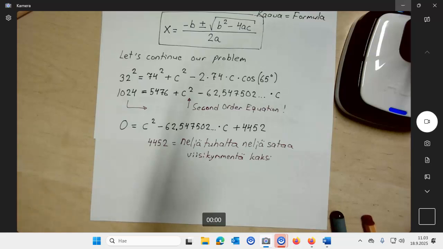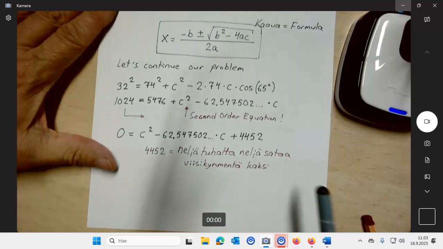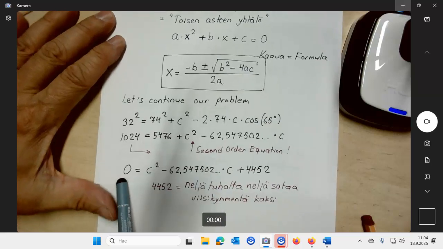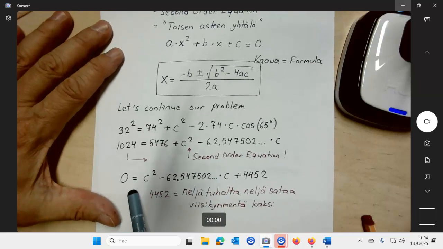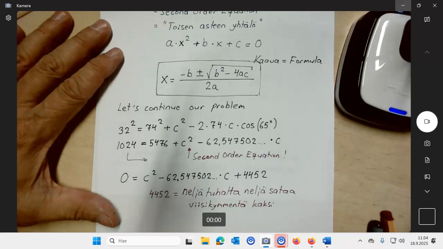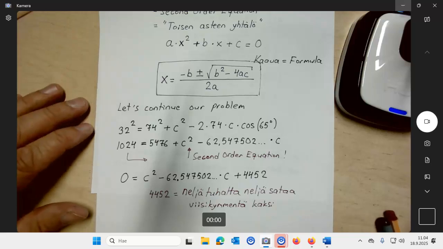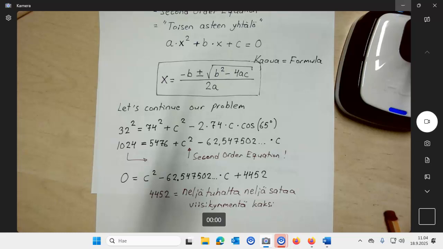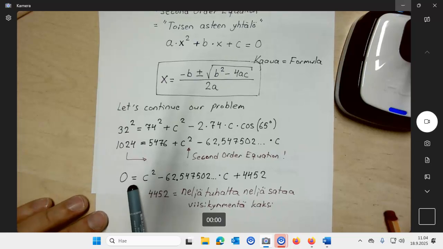And right now we have the equation in this form here, or not in the exact same form, because we have 0 on the left hand side, but we could write this also in the opposite order. The important thing is that there is 0 on either side of the equation.